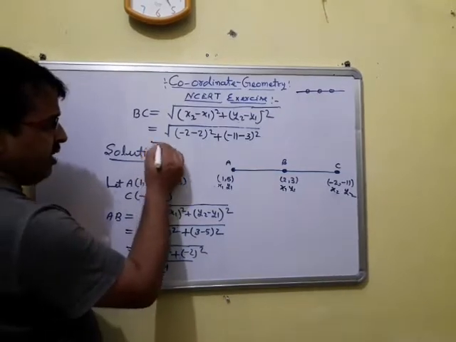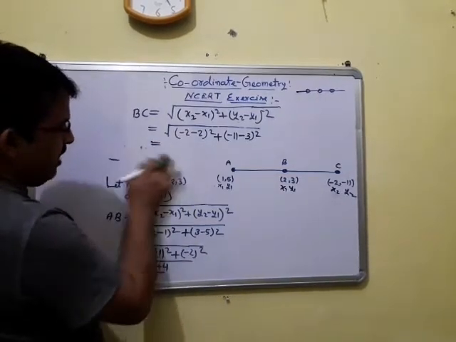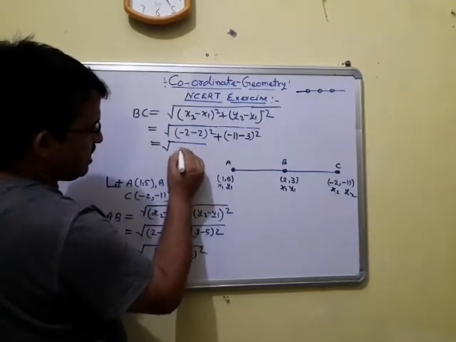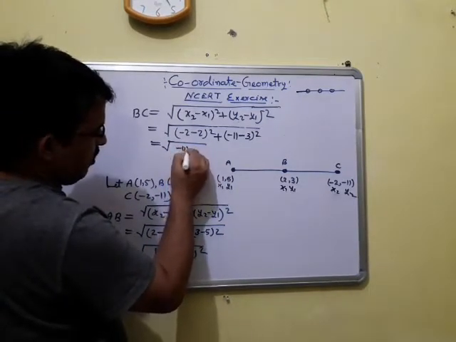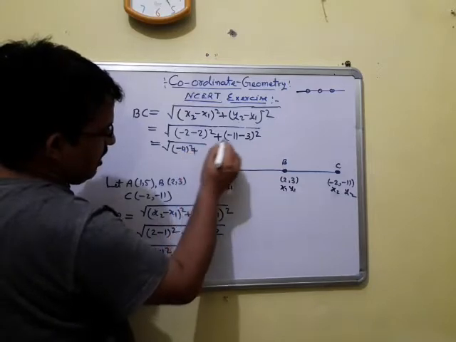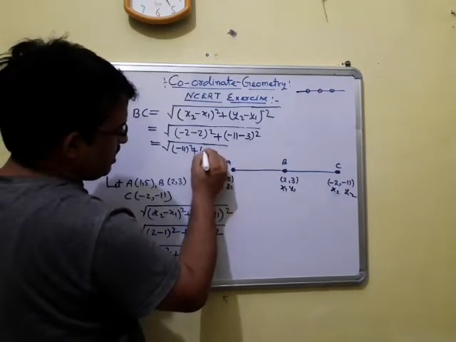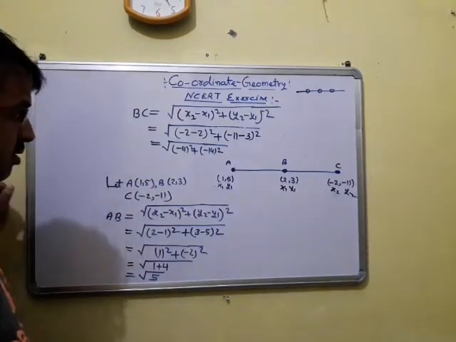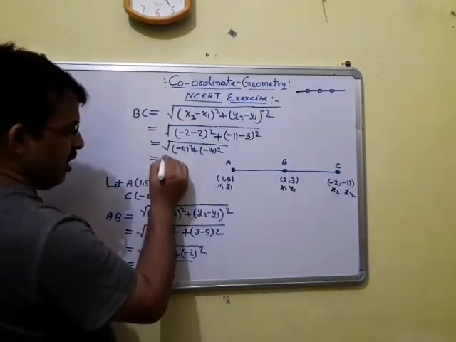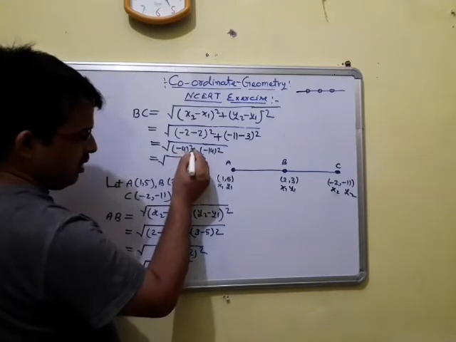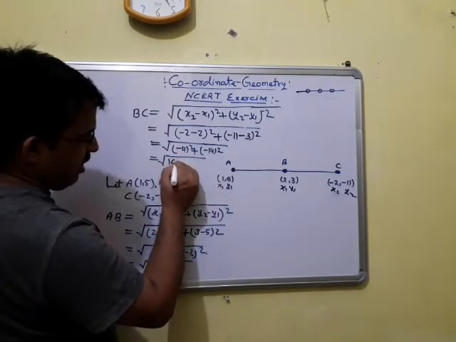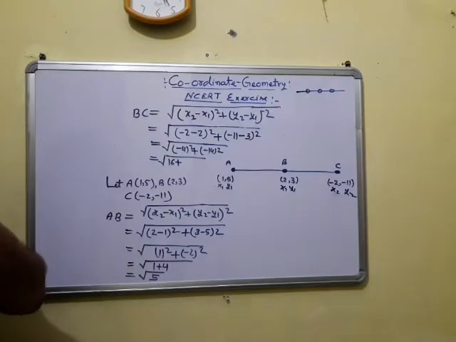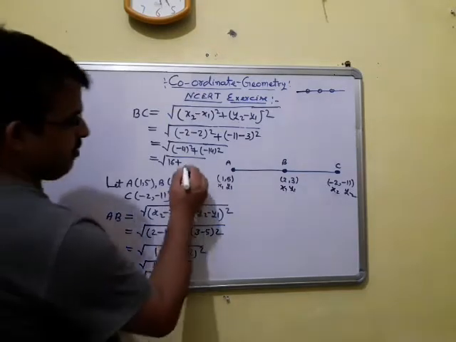So we find minus 4 whole square plus minus 14 whole square. So under root, minus 4 whole square we get 16, and 14 whole square we get 196.